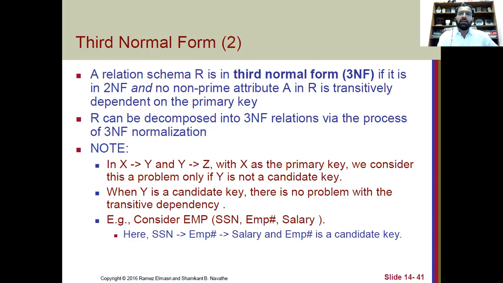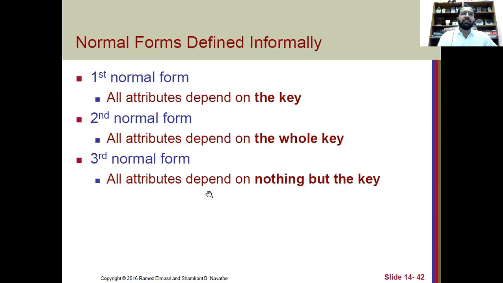It means that all non-key attributes must have a direct dependency on the key. So there should be no transitive dependency, as I have discussed in the previous slide. If that is the violation, that relation has to be decomposed. And if it is decomposed, you may find two or more relations. You can observe this with various examples.